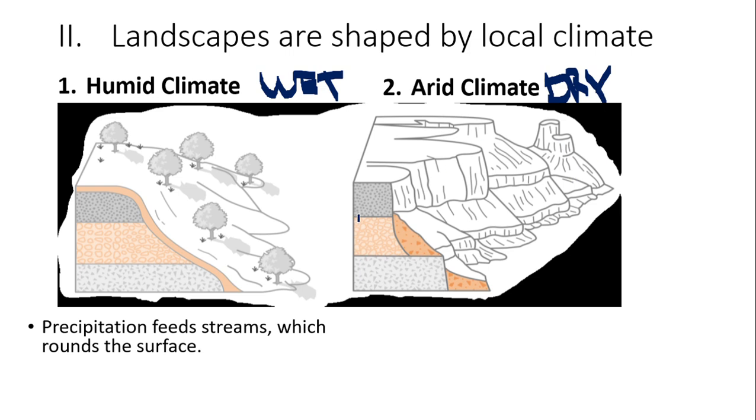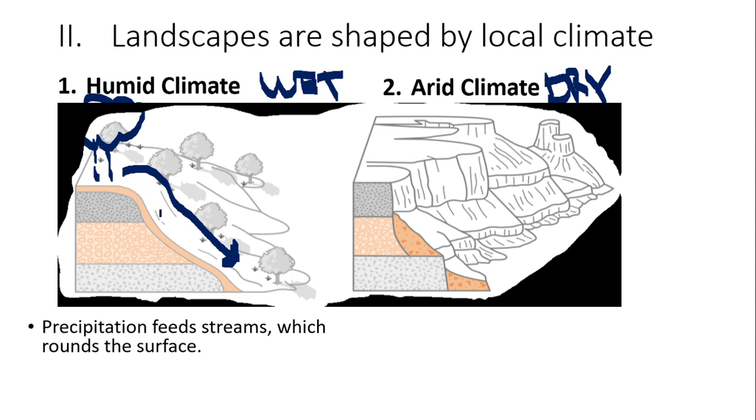Okay, so when we have a humid climate, right, the precipitation, meaning rain, snow, is going to feed streams, which is going to round the surface, right? If it rains up here, so let's say we have a cloud over here and it rains, all of that water is going to run over the surface, run straight down, and notice that there are no bumps or steps.